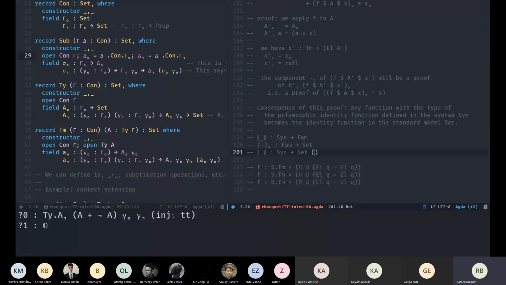And because there's a unique morphism from the syntax to the set model, we know that this one is the same as the composition of these two.